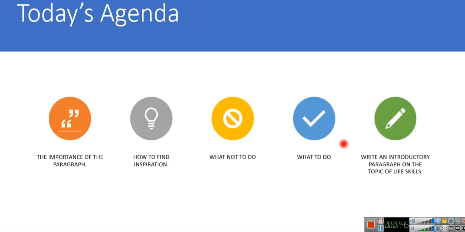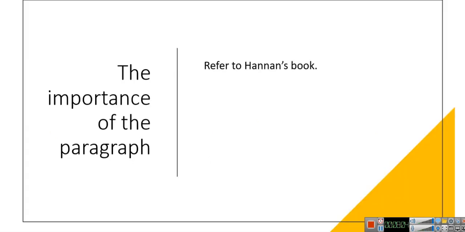Then some discussion on what to do when we write. And finally, we're going to have a little bit of practice of everything we just said, and that's going to be to write an introductory paragraph on the topic of life skills.